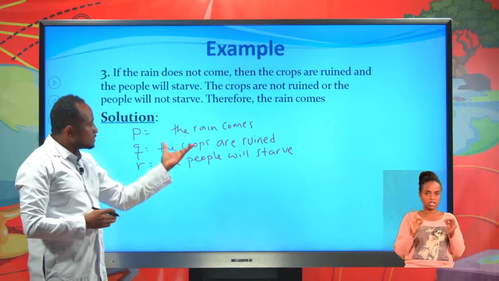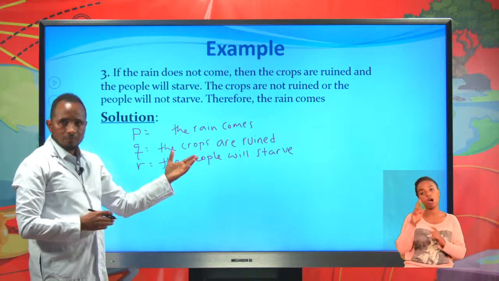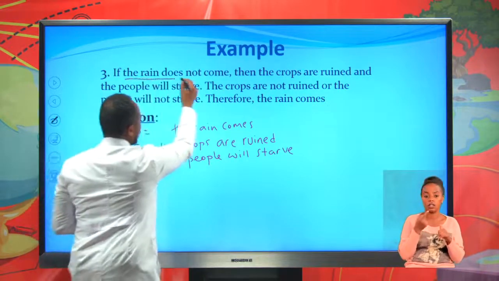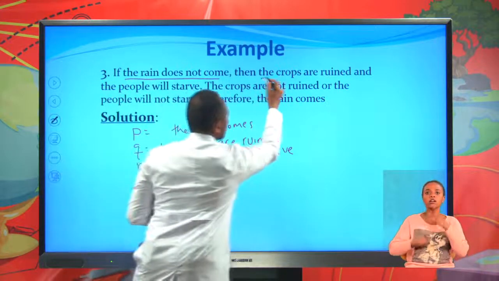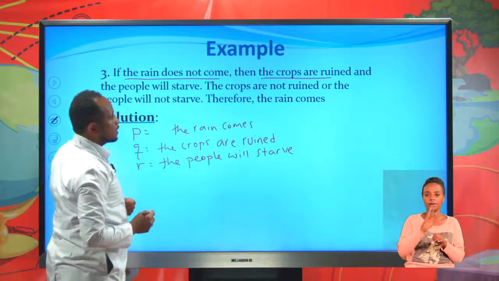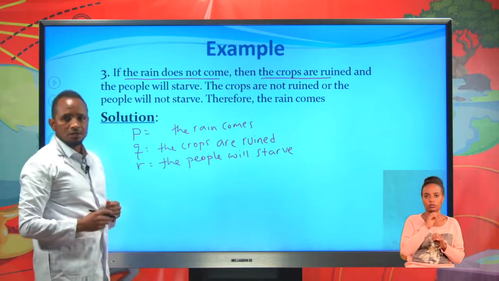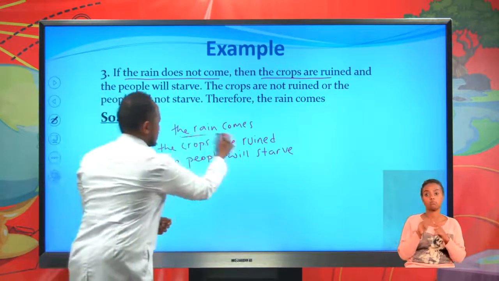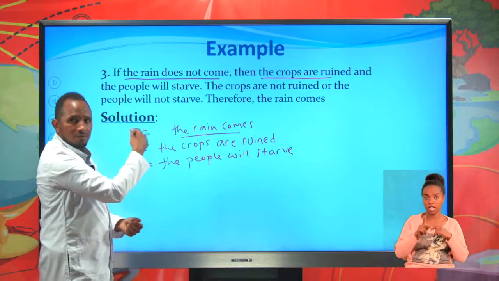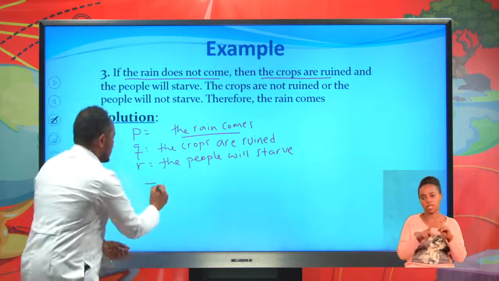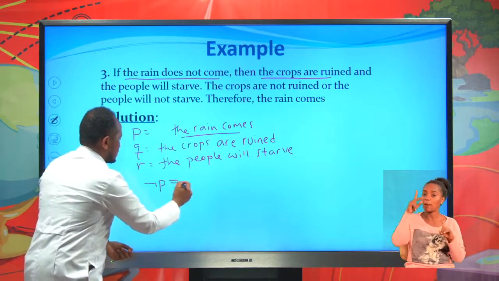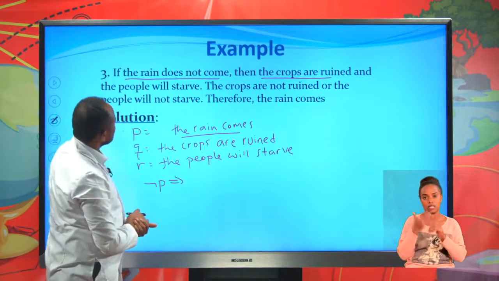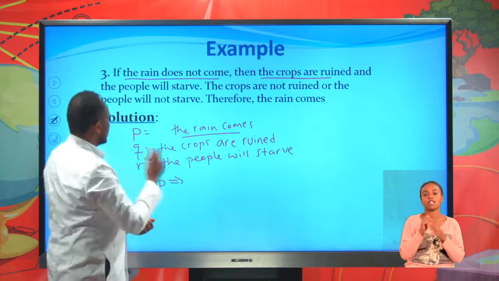So let's convert this into an argument form. Here the first says, if the rain does not come, the crops are ruined. It is an if-then statement, P implies Q form. The rain comes is P, does not come is negation of P. If the rain does not come, then the crops are ruined.